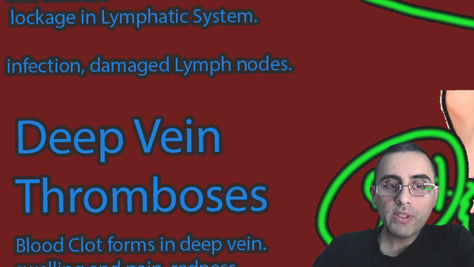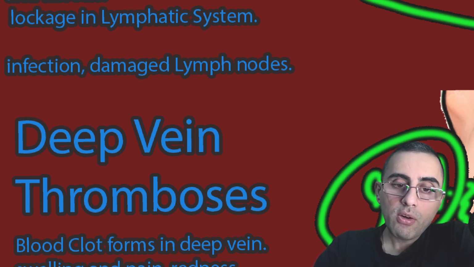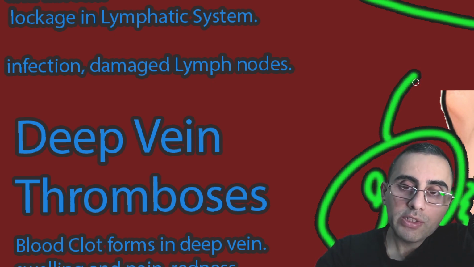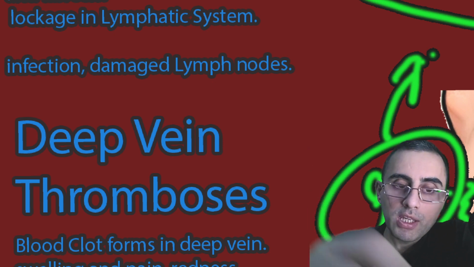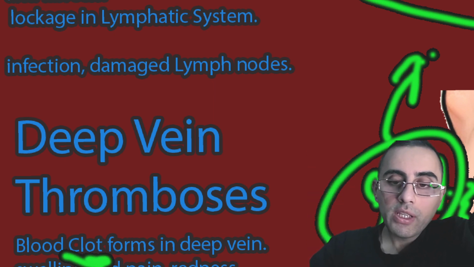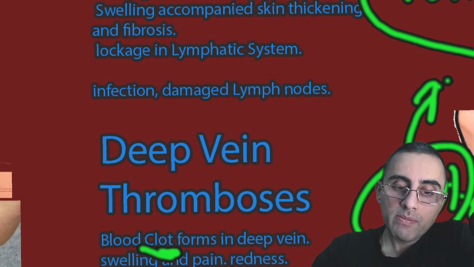The cause of deep vein thrombosis is prolonged immobilization, for example long flights, bed rest, or surgery and the recovery period after surgery. It's important because it can cause pulmonary embolism, because the clot can move from the leg to the lungs, which can be life-threatening in many situations.